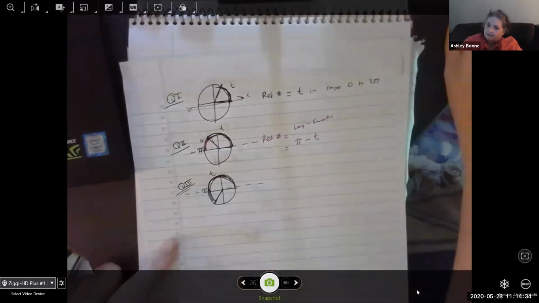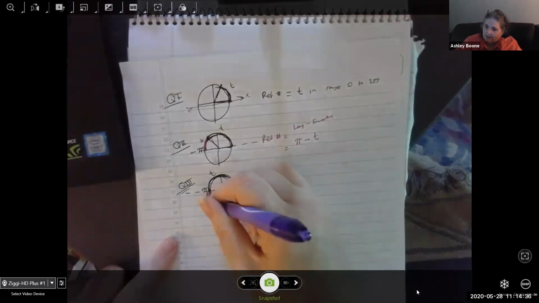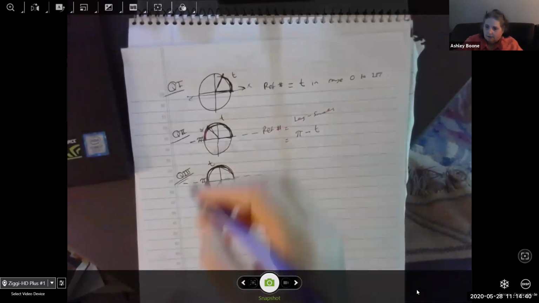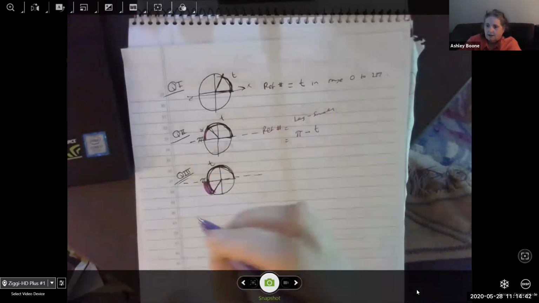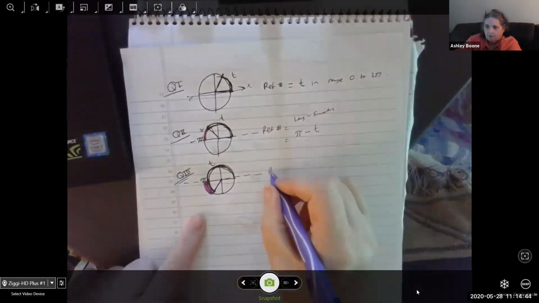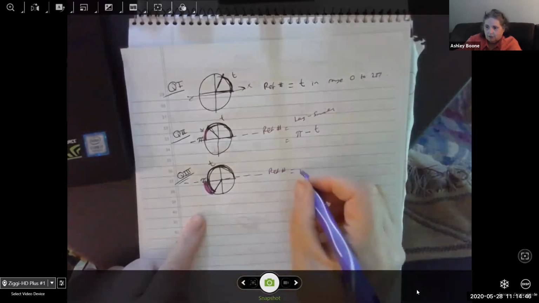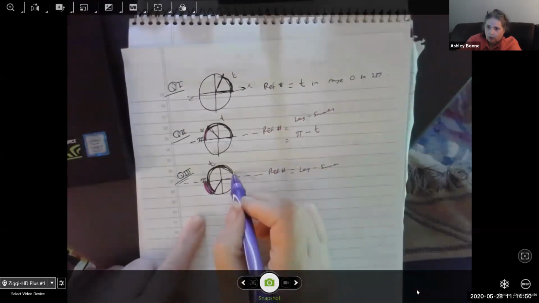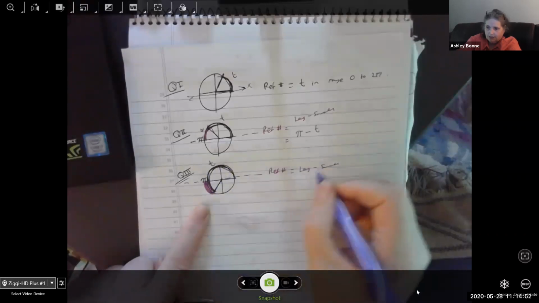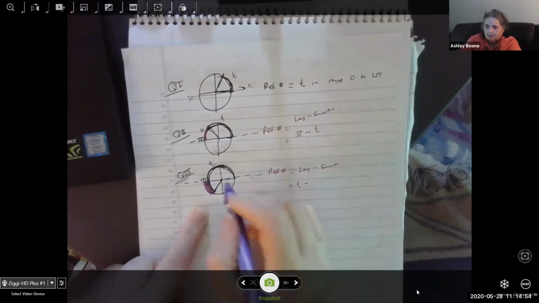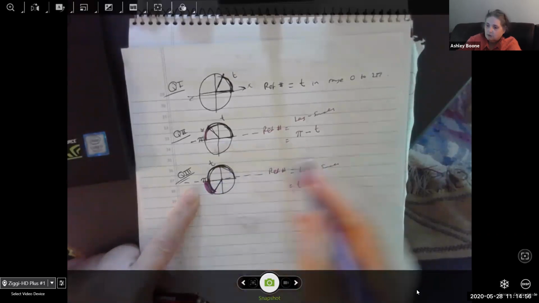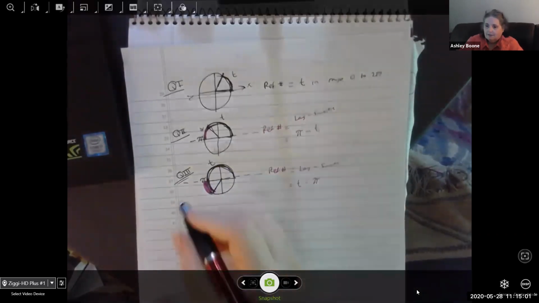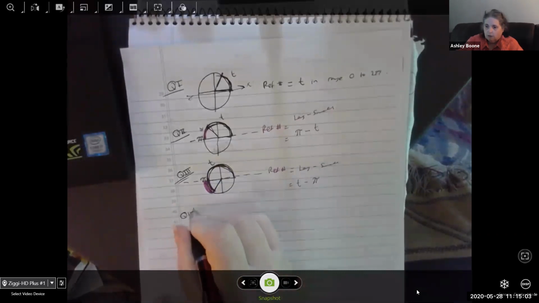So if you're wanting this short distance right here, again, to get that reference number, take the larger distance minus the smaller distance. The larger distance is the whole distance around, which is your t, minus the distance to the x-axis, which was pi.